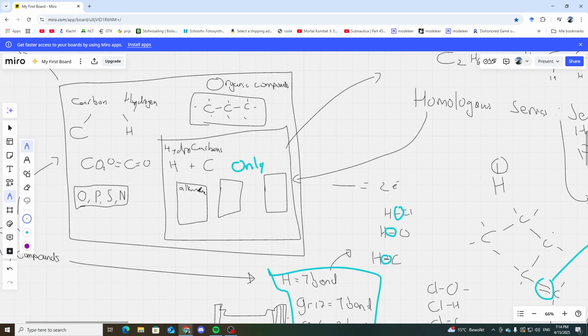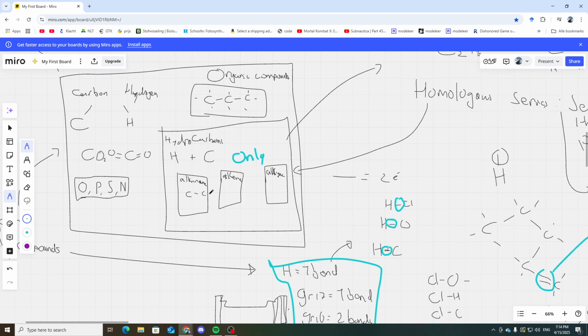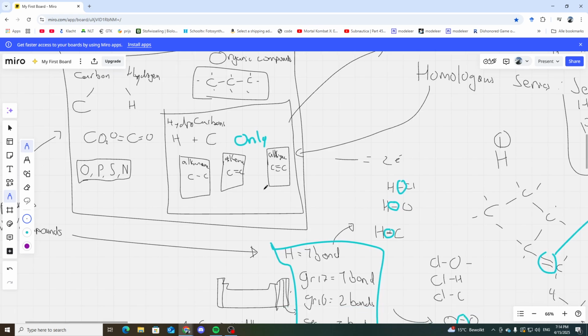Alkane, alkene, and alkyne. So simply said, single bond, double bond, triple bond. So that is good to know.